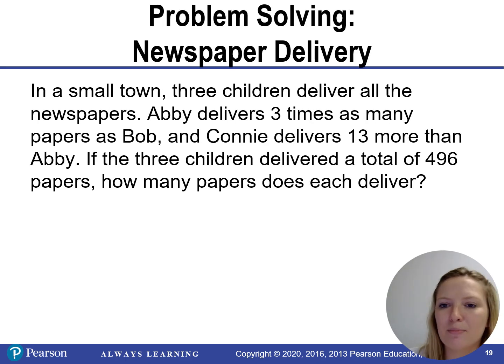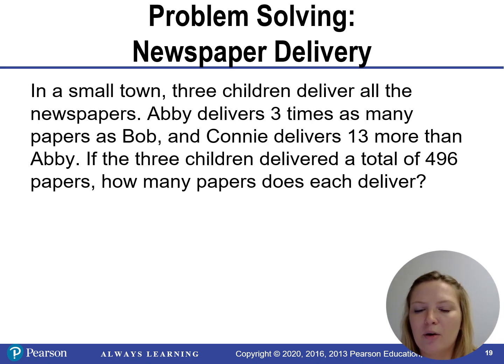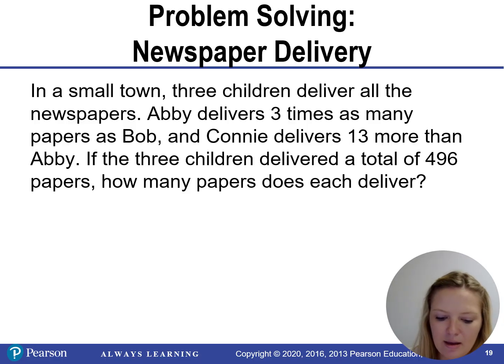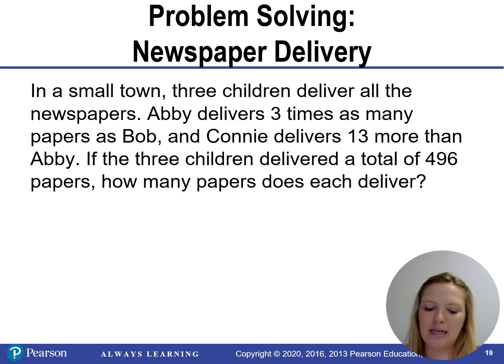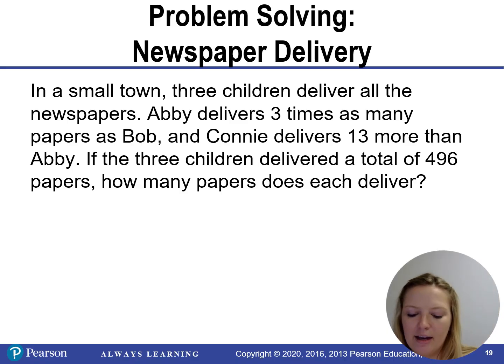So if we go back to the problem, we need to figure out a way to represent the number of papers that each child is going to sell. So I know that Abby delivers 3 times as many as Bob, and Connie delivers 13 more than Abby.